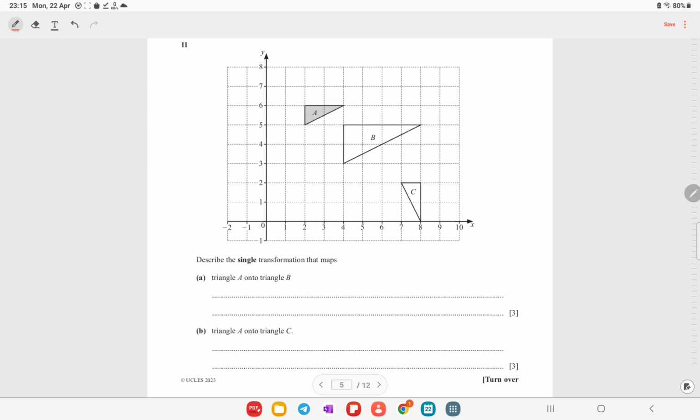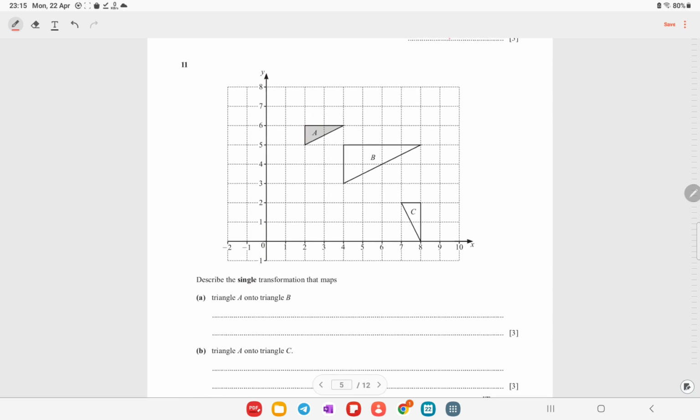Okay, describe the single transformation that maps triangle A onto triangle B. For triangle A onto triangle B, you have to use a scale and draw the lines. If you connect these lines with the help of a scale, you will get perfect lines like this.